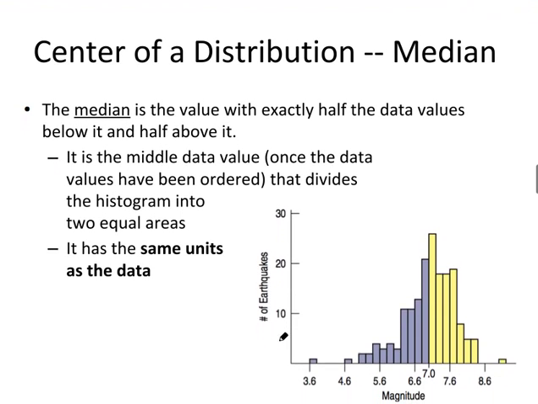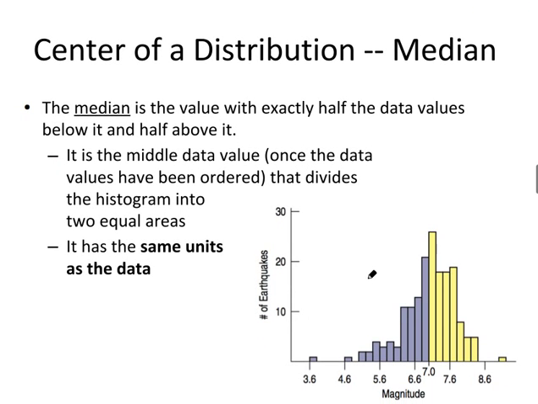So let's talk about median, because median is directly the center of the data. If you remember median, or I want you to remember median from Algebra 2 or pre-calc, it's the value with exactly half the data values on one side or the other. So you put them in numerical order and you count 1, 2, 3, 4, 5, 6, 7.